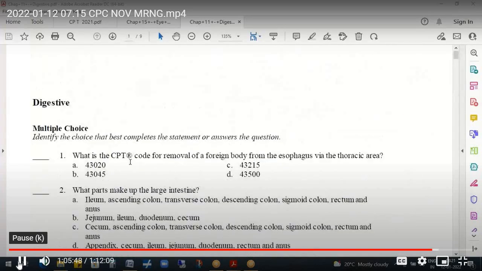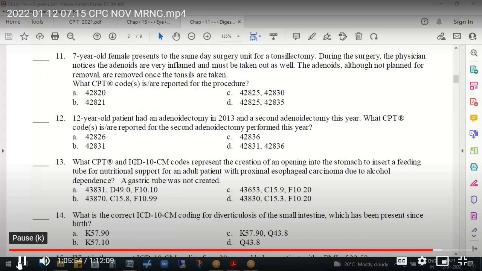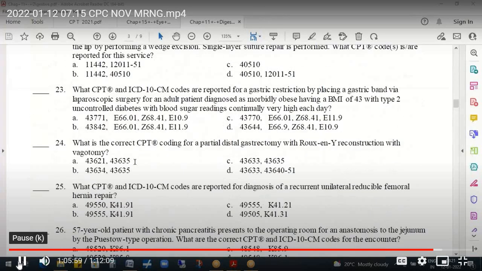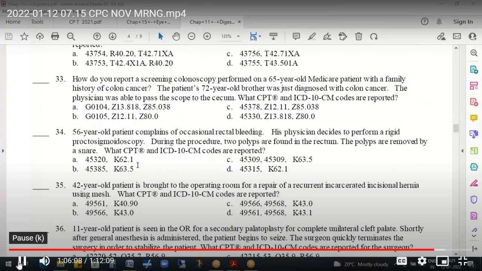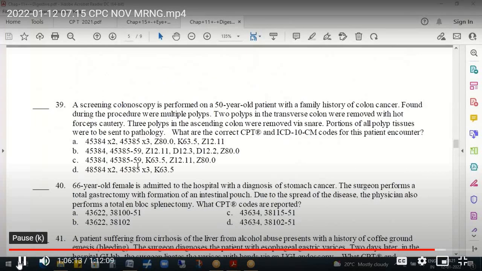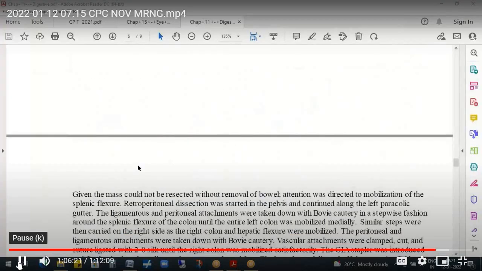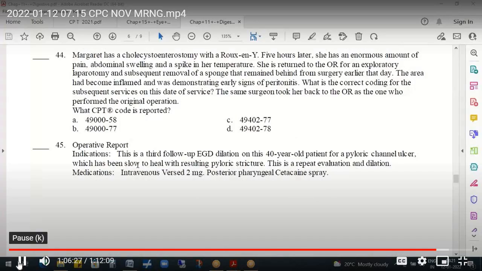Question numbers 7, 20, 36, 39, 43, 49 and 50.